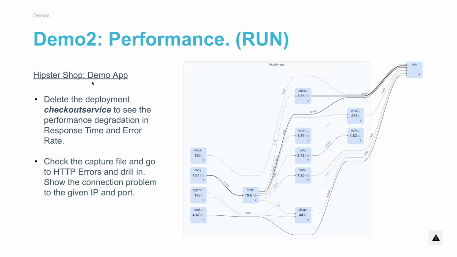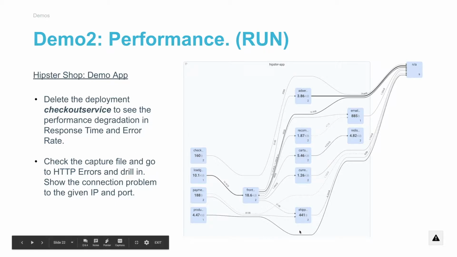We're still going to use the hipster shop demo app, and we're going to delete the checkout service deployment to introduce performance degradation. You're going to see response time and error rate shoot up, and we're also going to drill into a system capture file to look at the HTTP errors that we see there. Here's a quick overview of what the app looks like inside of Sysdig Monitor.